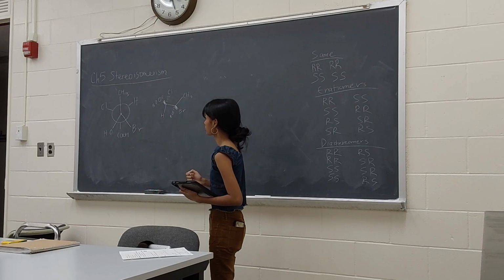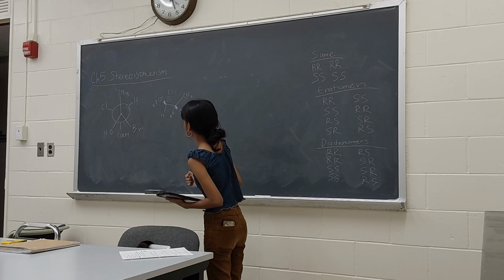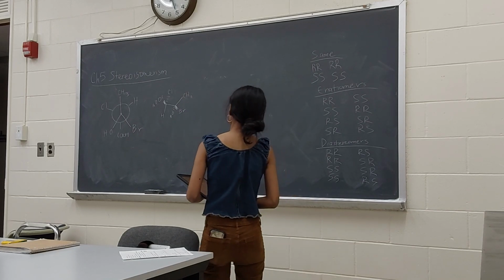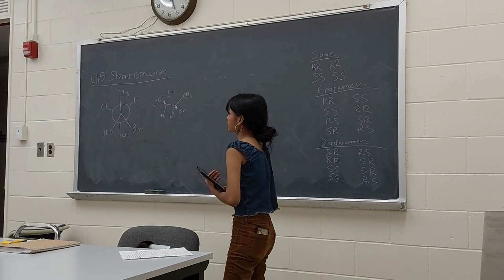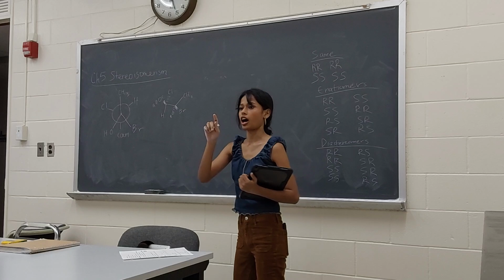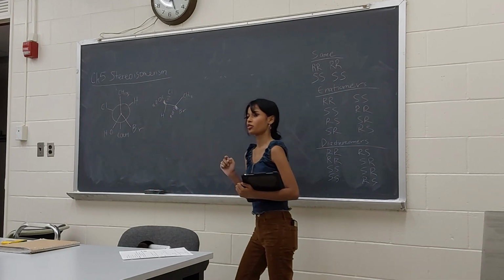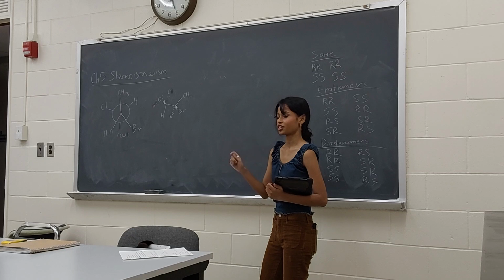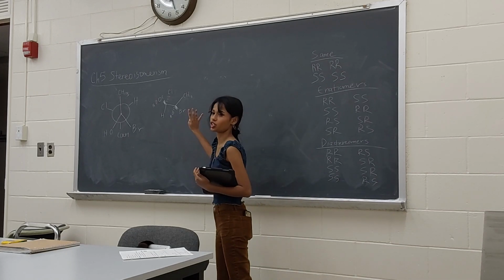Shouldn't the carboxylic acid be switched with the hydrogen? Not necessarily. The way that I drew it, if I was given this, that's the way I would draw it, because it's going to help me when I convert it to Fischer. That's not the way everybody was given it. This is just the way that they gave it.